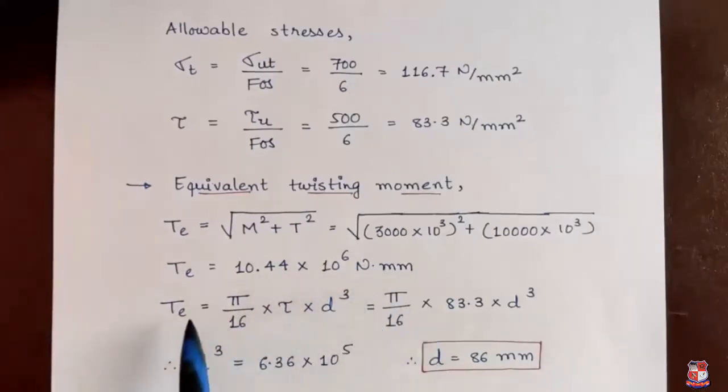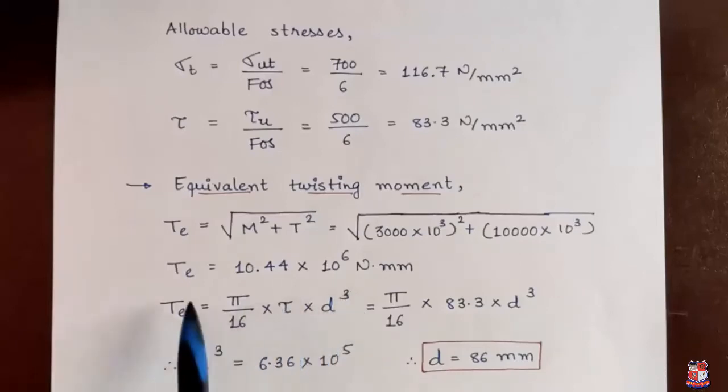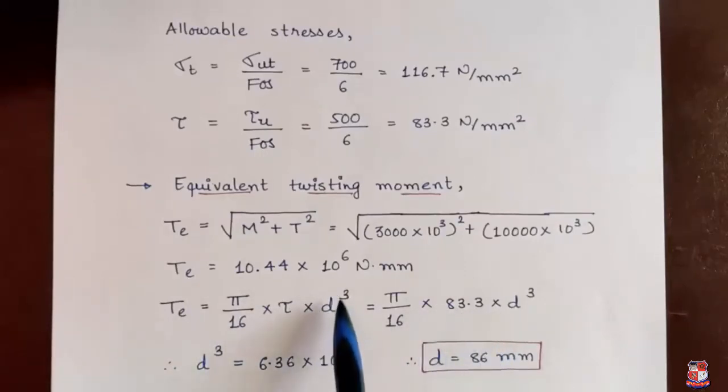And we know that equivalent twisting moment TE is equal to pi by 16 into tau into d cube. Now in this equation we have the values of TE and tau. Tau is 83.3 and we can find out d cube. So by solving this equation, finally we will get d is equal to 86 mm.